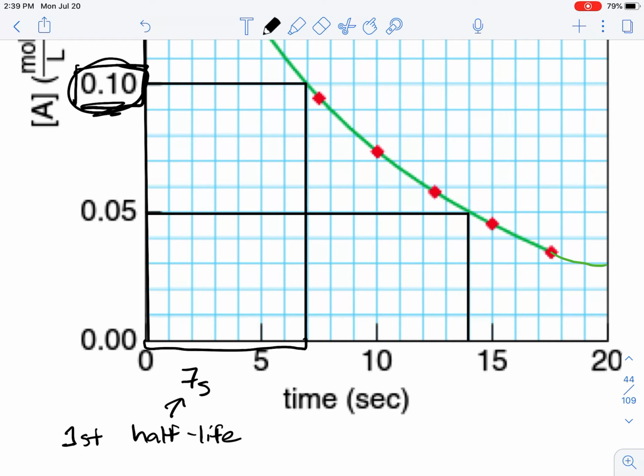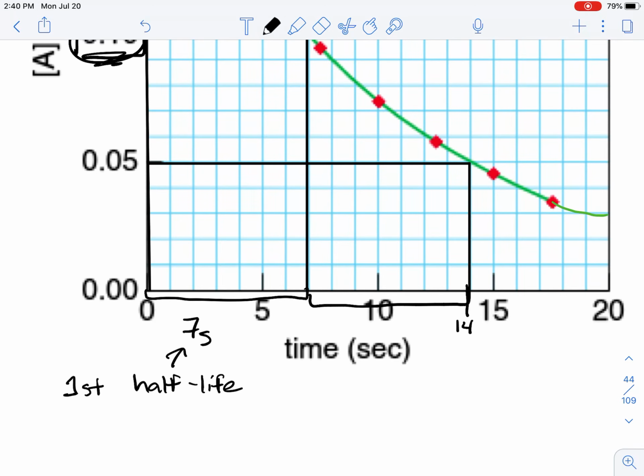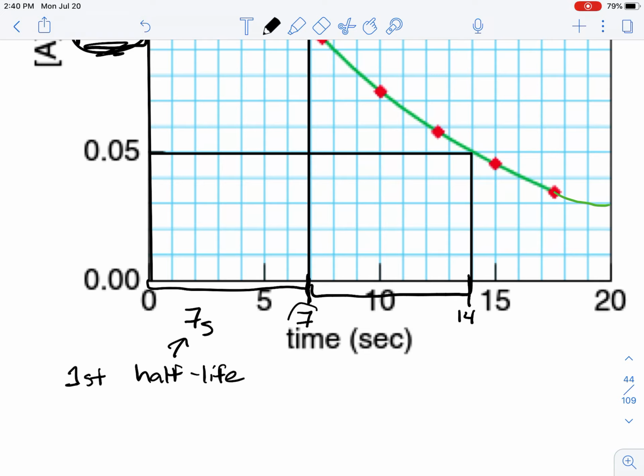If I extrapolate that line downwards, notice that this is 14 seconds, and this right here is 7 seconds. If I calculate the difference between 14 and 7, the second half-life is going to be 7 seconds as well. Okay?